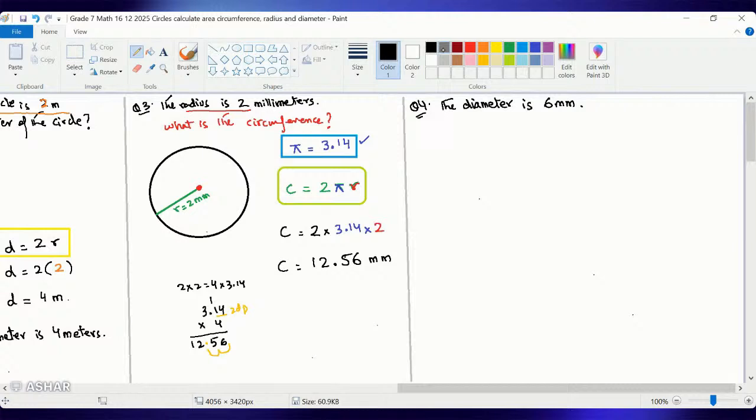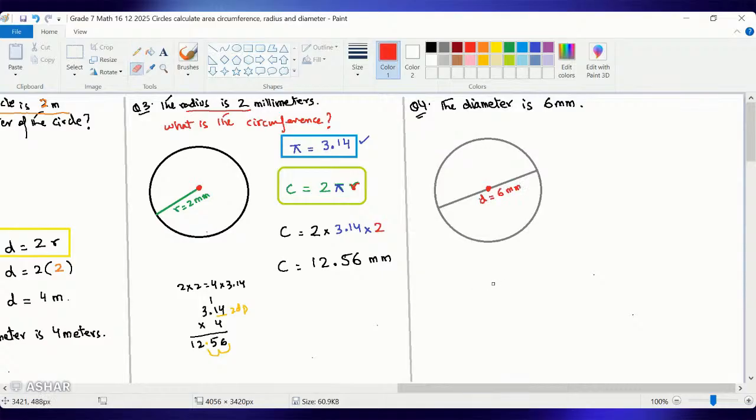That means if a circle is given to us, the distance from one point of the circle to the other side of the circle would be the diameter. So we can say that this is the diameter which passes through the center. The length of the diameter is given to us, that is 6 millimeters.